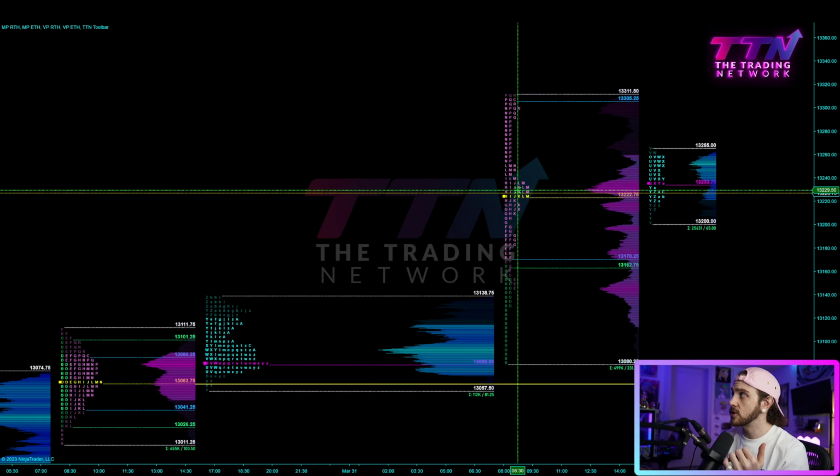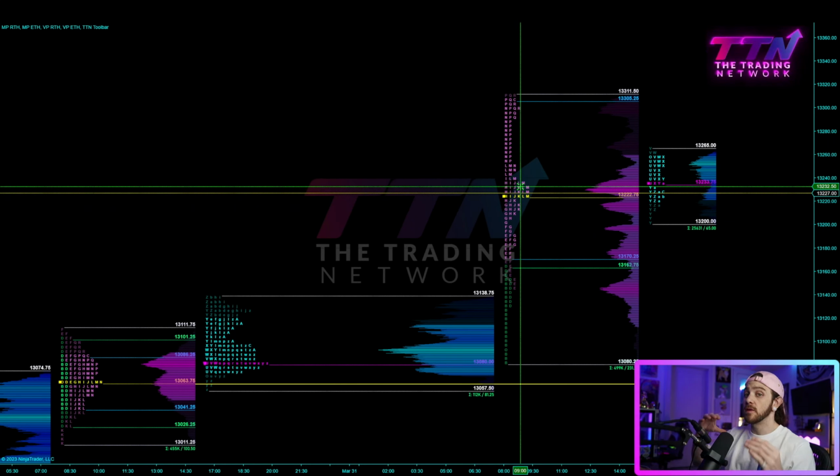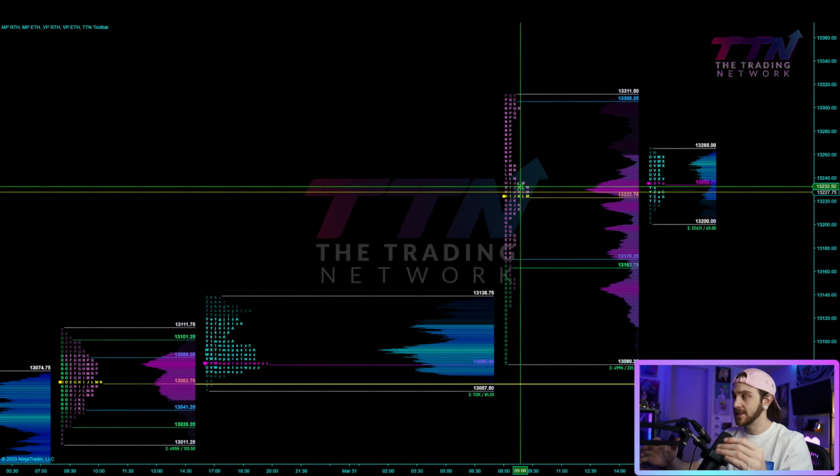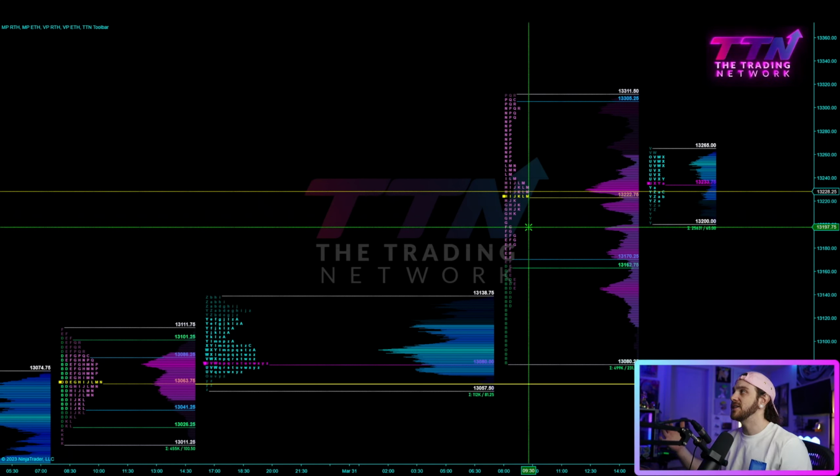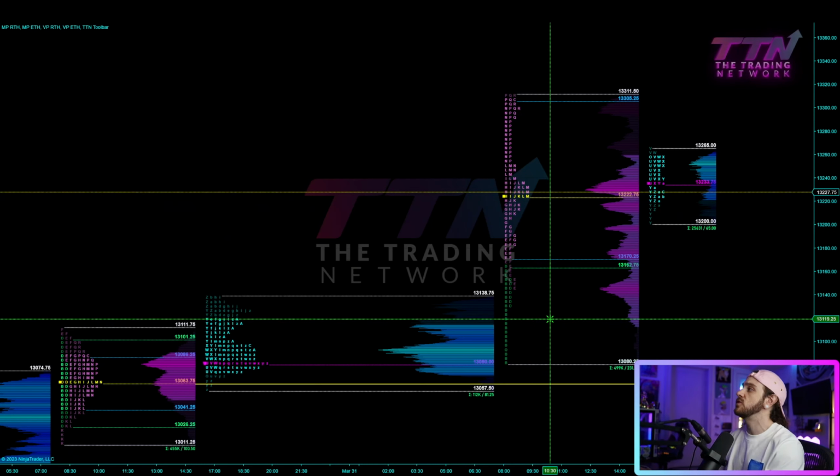The more letters there are, the more prints there are, the more bricks are there, the more liquidity is there, the thicker it is, the more difficult it is for price to chew through that area. If it is very thin, it is much easier for price to move through these areas.